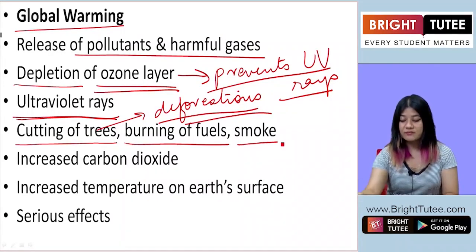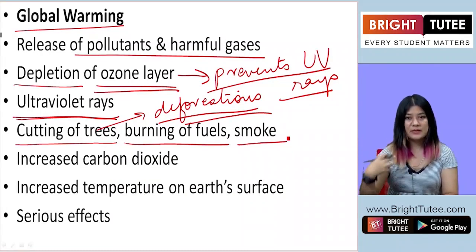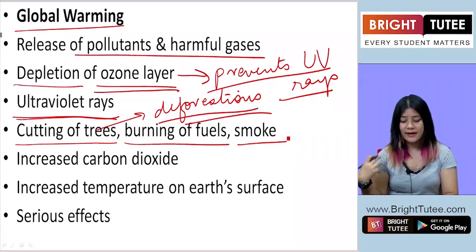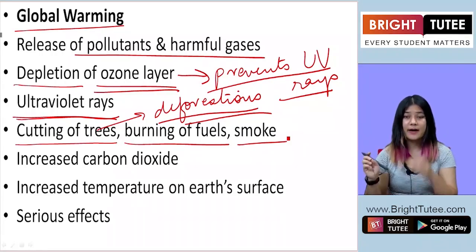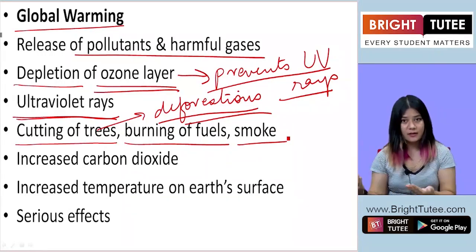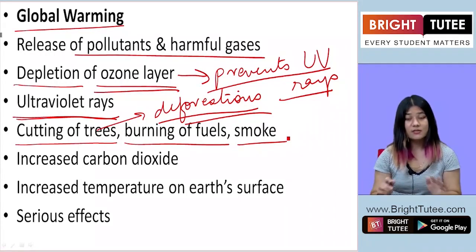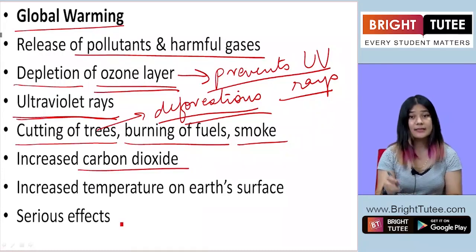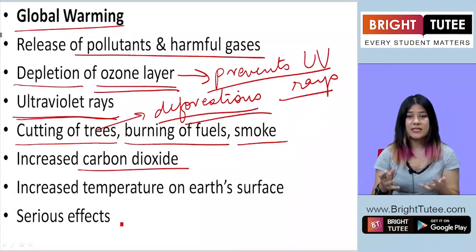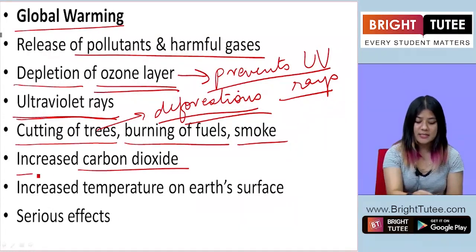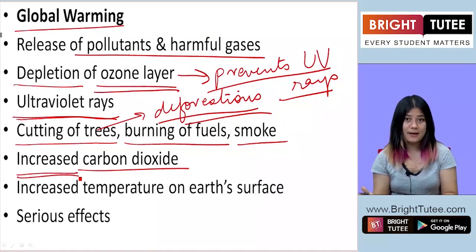Burning of fuels, release of smoke by people in their houses, by factories, by industries, by vehicles, alright, cars, buses, etc. So all these have also emitted so much carbon dioxide that the amount of carbon dioxide in the atmosphere has increased to such a large level.